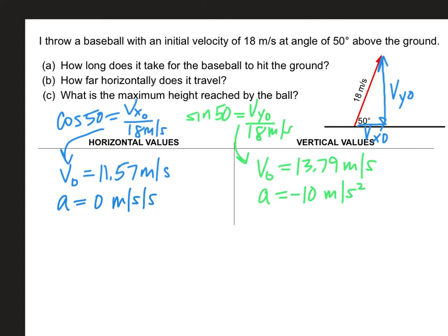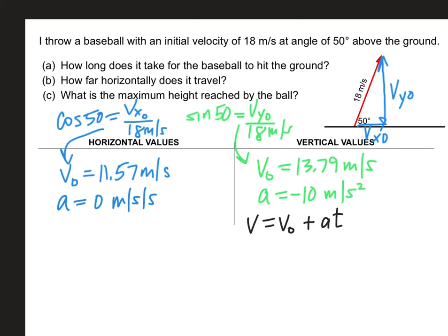All right, so what can we do with this? We can remember that when something goes up and it comes back down again, the speed is going to be the same at the top and the bottom. Not the speed in the x direction, that just stays constant, but the speed in the y direction. So what we'll start with here is to say that v is equal to v sub o plus at, just like we did to find time when we threw something straight up in the air.